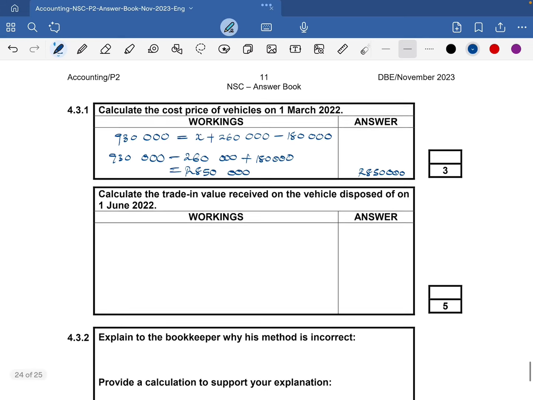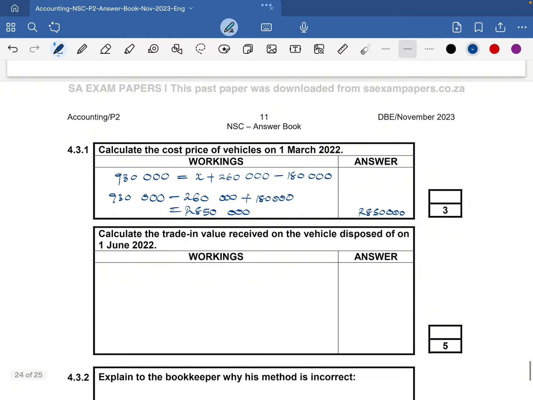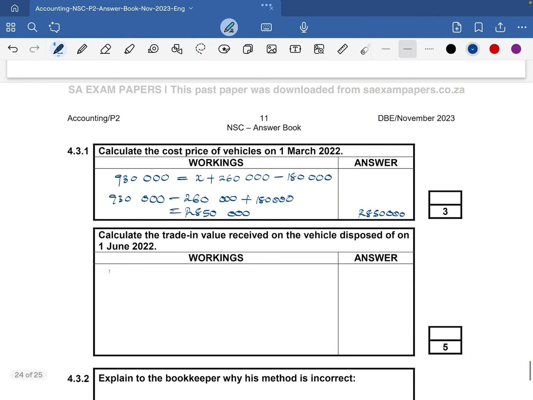And then we need to calculate the trade-in value received on the vehicle disposed of on the 1st of June 2022. Now, first things first, we know that the cost was 180,000. But now let's calculate its depreciation. With depreciation calculated, we can then determine its trade-in value.